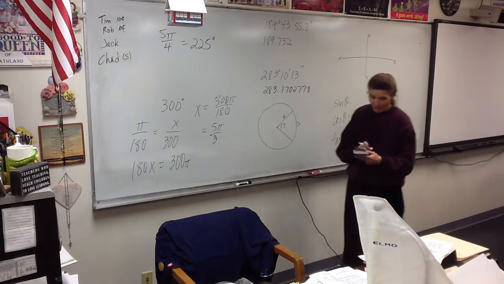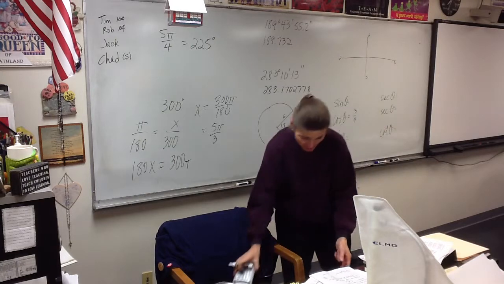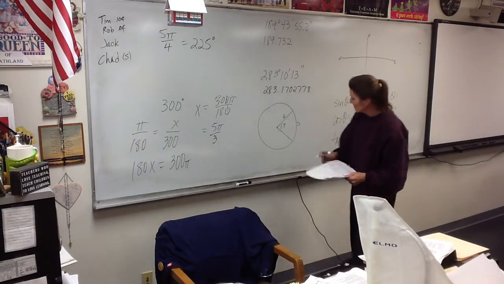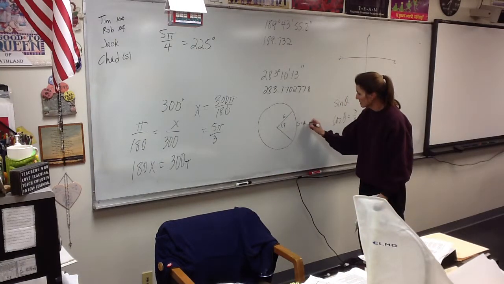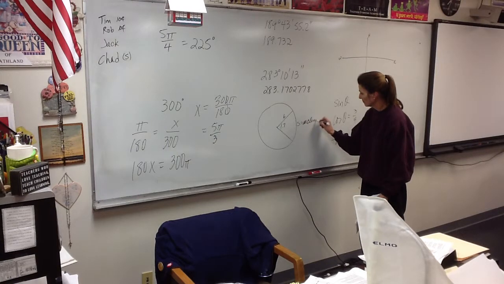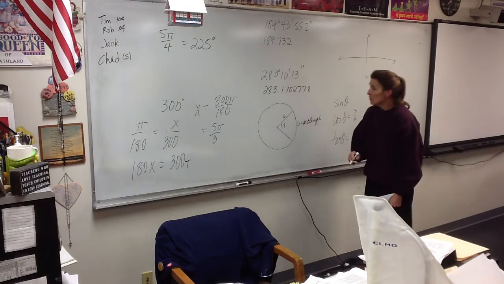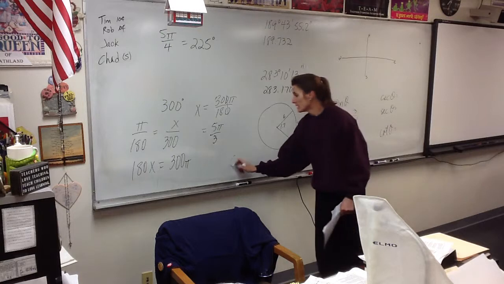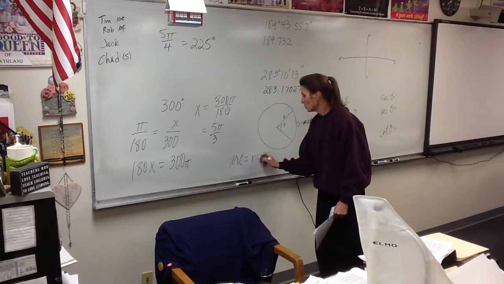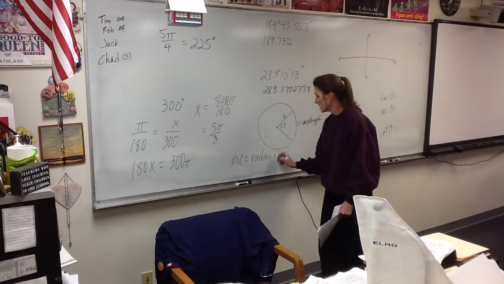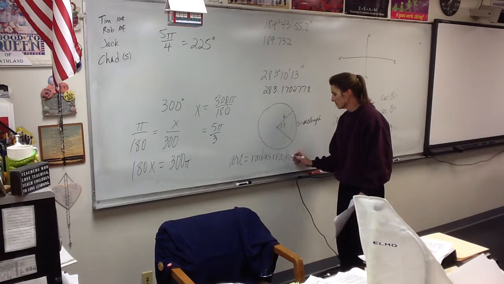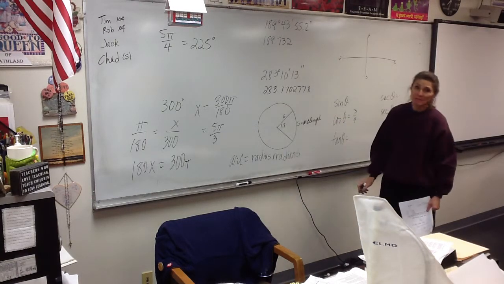Good. Now, the next one, we're back to no calculator. It says find the arc length. This is the arc length. Remember that arc length equals radius times radians. Kids, this could not be any easier.